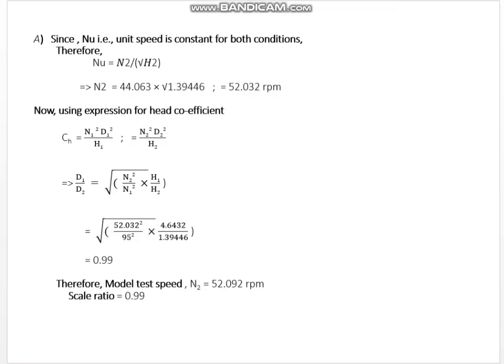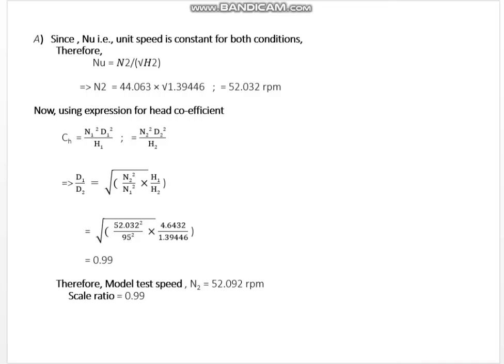Now using the expression for head coefficient, Ch is equal to N1 square D1 square by H1, which is equal to N2 square D2 square by H2. Now by doing the calculation, we found D1 by D2 is equal to 0.99. The model test speed N2 is equal to 52.092 rpm.